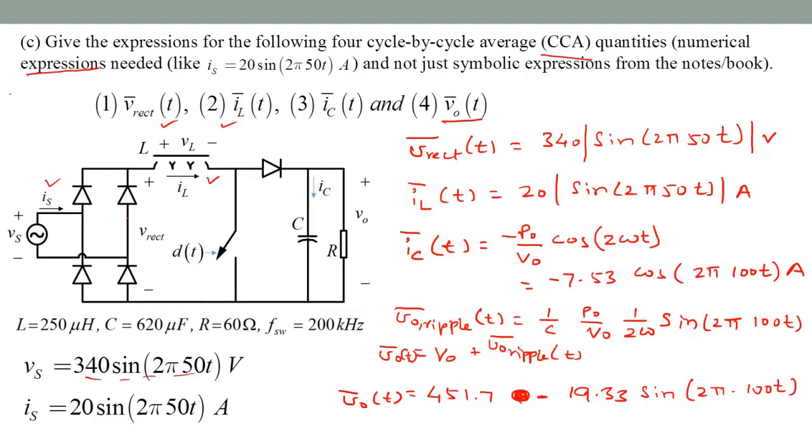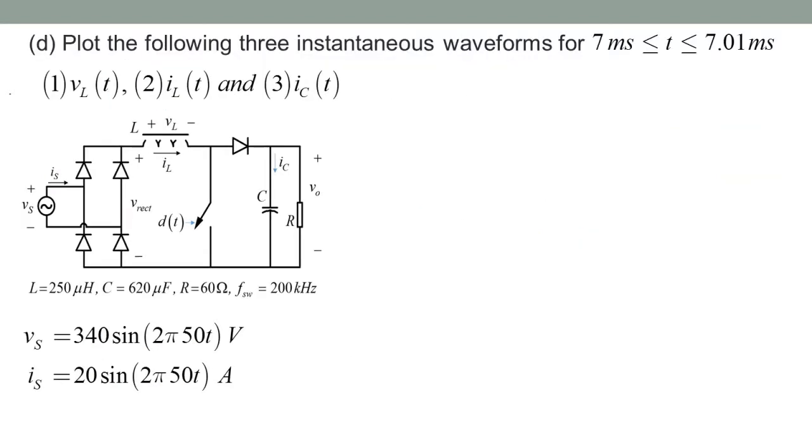So many students got the VO ripple part correctly, but that is not the only component in the full output voltage. The larger part is of course the DC value, so that just cannot be neglected. Then the main part of the problem is to draw some switching frequency level waveforms. These are the inductor voltage waveform defined here, then the inductor current waveform, and the capacitor current flowing here.